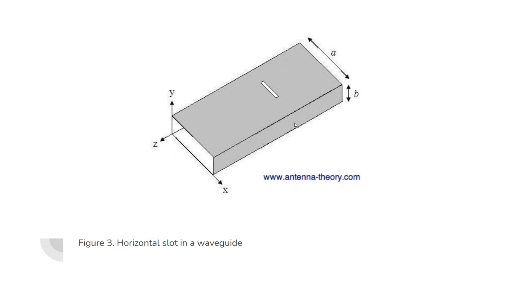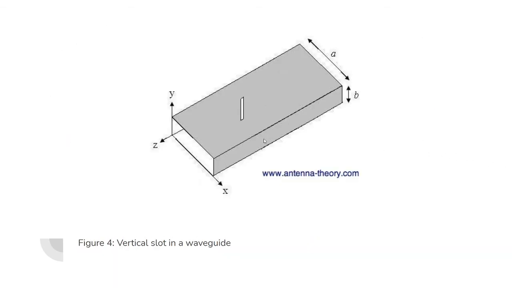If this slot is placed away from the center line, the amount of power that it radiates can be adjusted. So for the horizontal slot in the waveguide, if the slot is rotated at an angle about the center line, as shown in figure 4, it will radiate.